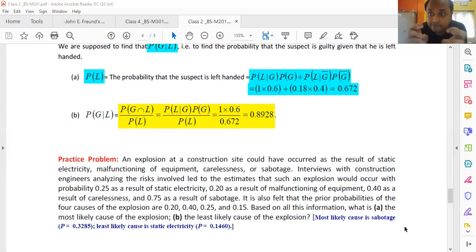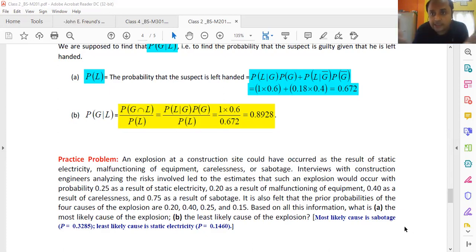Since you are engineers, you go there as an investigative officer and have faced such a scenario before, so you know that these can be the causes of such an explosion. You collect data from other companies where similar explosions have occurred, and therefore an investigation takes longer.